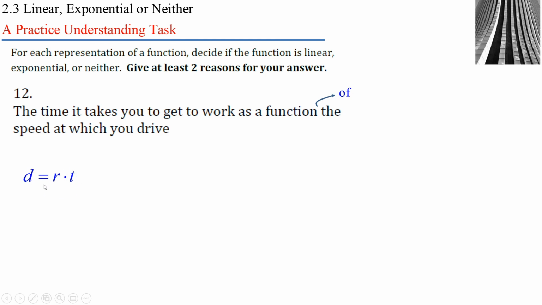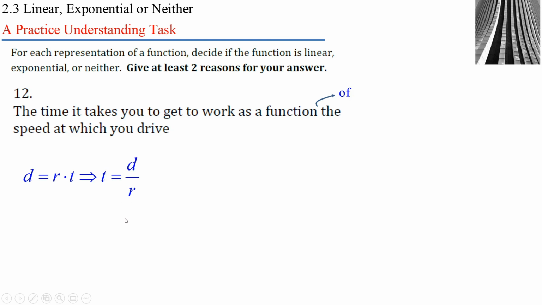All right, now they want time, t, in terms of the speed at which you drive, so that's t in terms of r. So I'm going to take this and solve for t. That implies t equals, well, let's divide both sides by r. That means t would equal d divided by r.